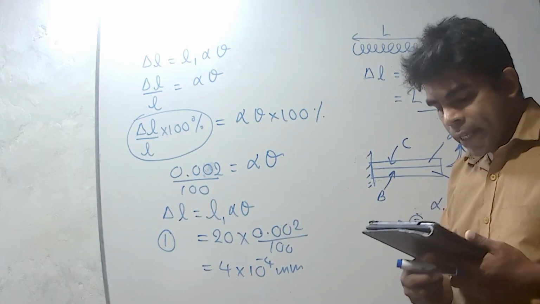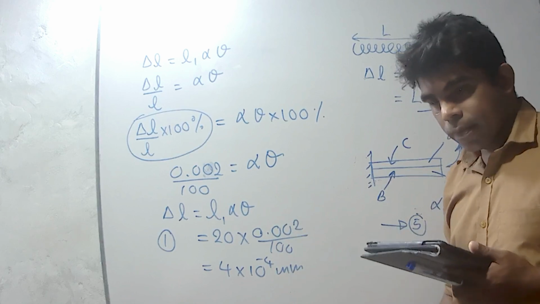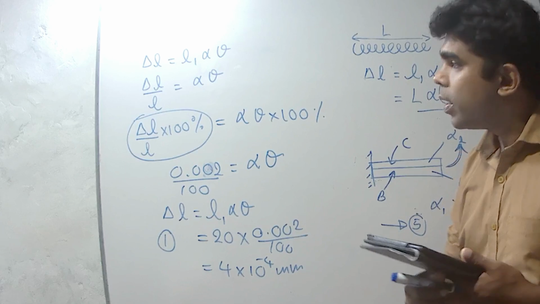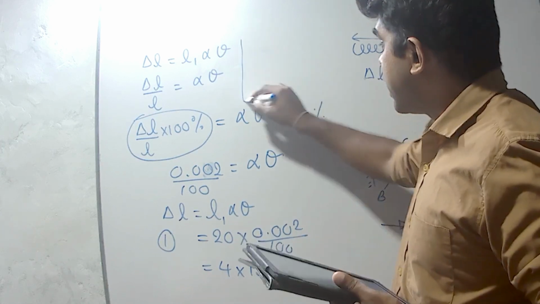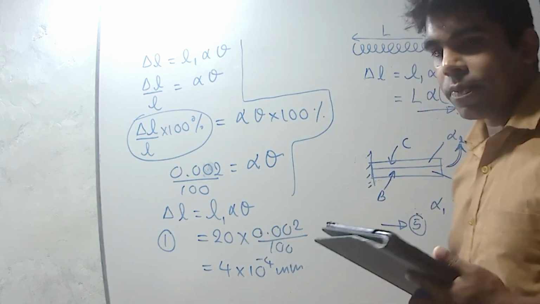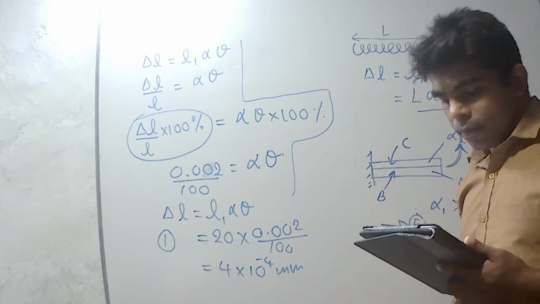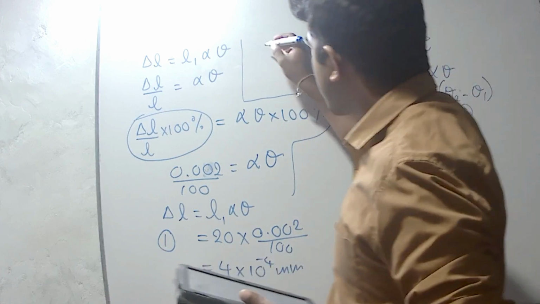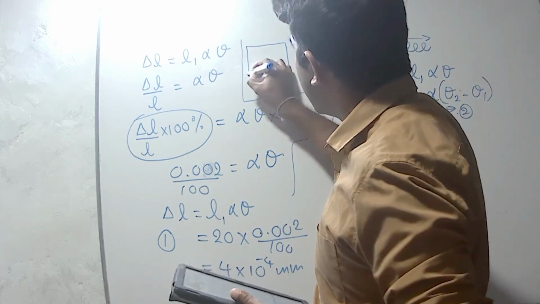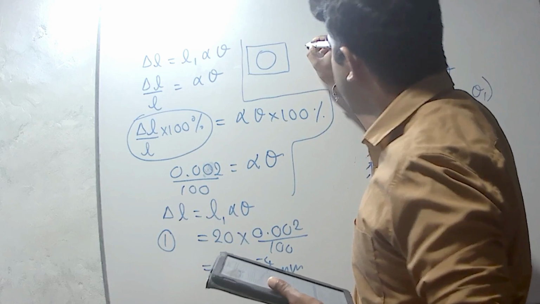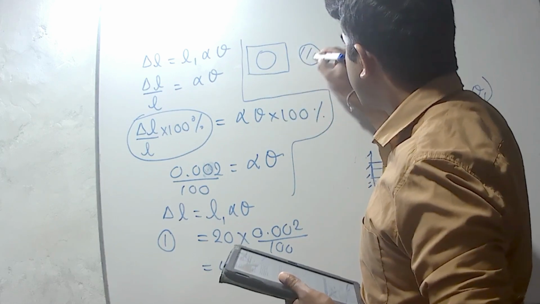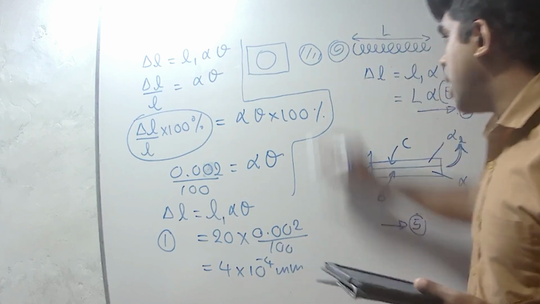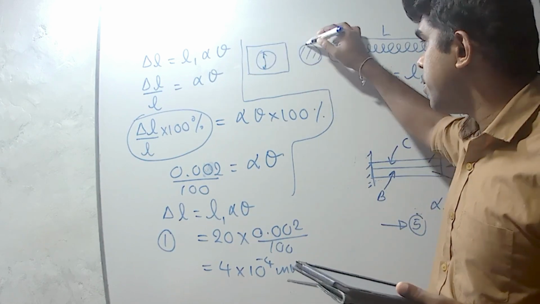Then on increasing the temperature of all three items, we can consider the diameter as a rod. Then we can get the expansion of diameter. Considering the expansion of diameter, in the first one there is a hole, in the second one there is a disc, in the third one there is a spiral wire, but all three diameters are the same.